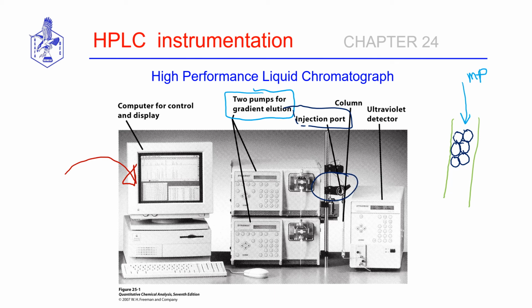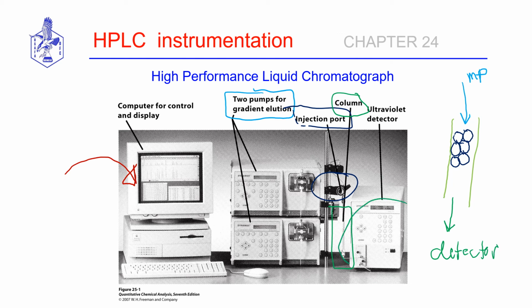The analytical column is the next featured part of the instrument, and we have to have some means of knowing once our separation is carried out and the components come off the end of the column. We need to know something's coming off, and so we need a detector at the end here.